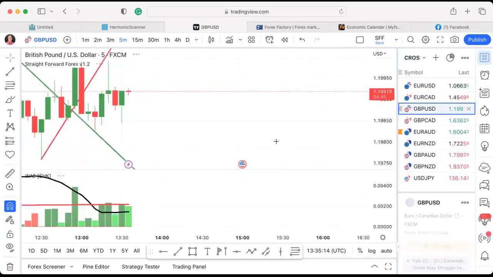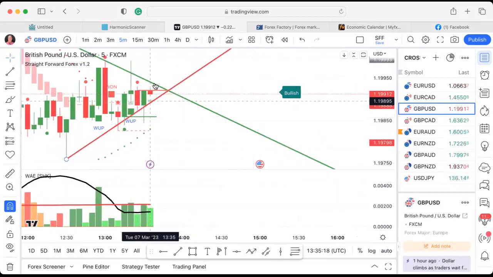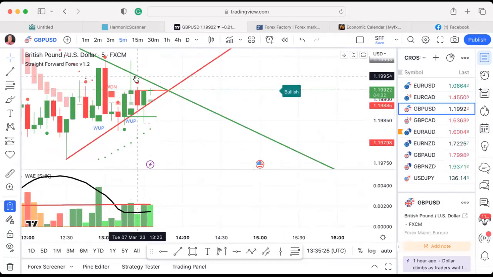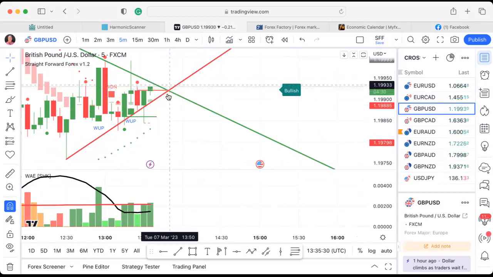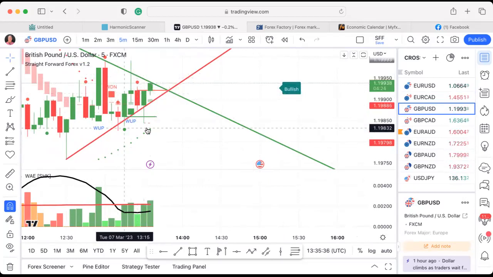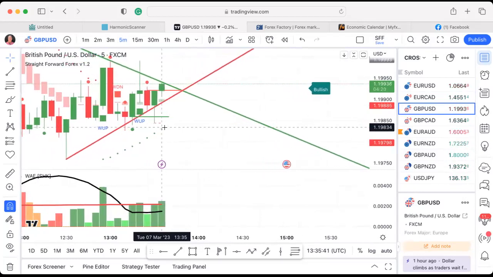GBP USD. Well, that's definitely still in the wedge. Consolidation going on, Richard. Yeah. As I say, that wedge before the crossover, the gap between the green line and the red line is what I call no man's land, and I would never ever get into a trade whilst price was in there.